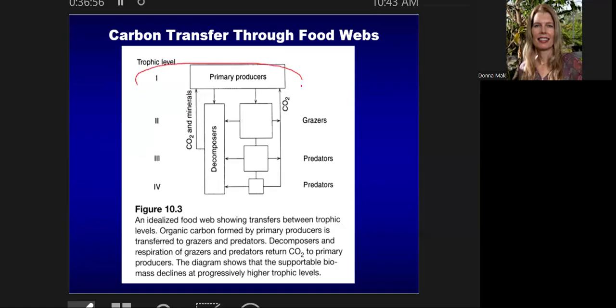So you have the primary producers, and then working your way through that, you have the grazers and the multi-level predators. And then you have to also think about decomposers, which microbes are awesome at. And so they really dominate all the decomposing section of the food webs that you study.